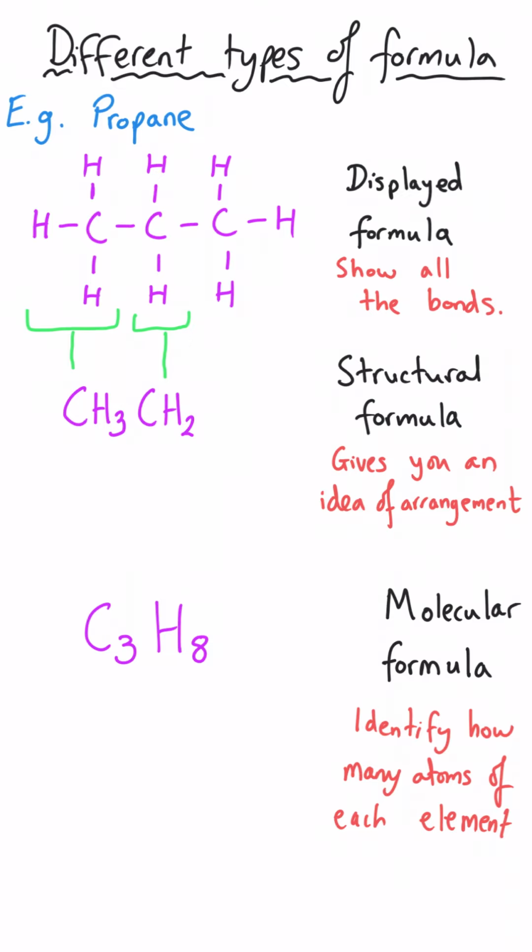And so we write CH2. And then the final carbon atom in the chain has also got 3 hydrogen atoms on it, so we put CH3 for that. So overall, we are saying that these atoms are appearing CH3, then CH2, then CH3. That is the structural formula, which is kind of partway between the molecular formula and the displayed formula.